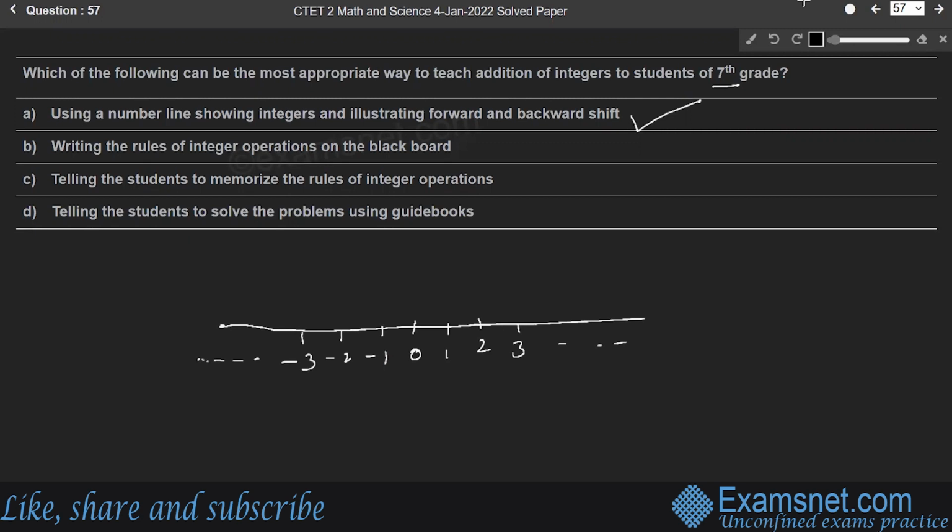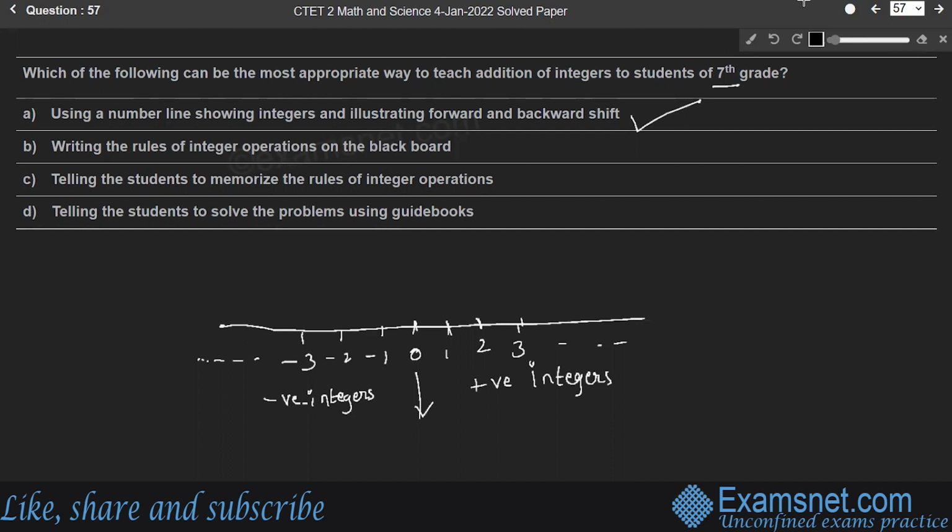So with numbers placed at equal intervals like this. Here 1, 2, 3, 4 and so on are called positive integers. And -1, -2, and so on are called negative integers. And 0 is the only integer that is neither positive nor negative.